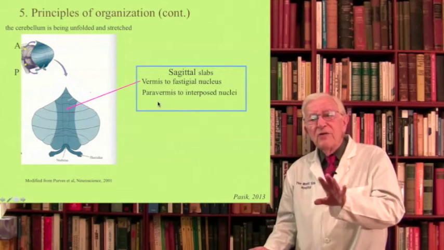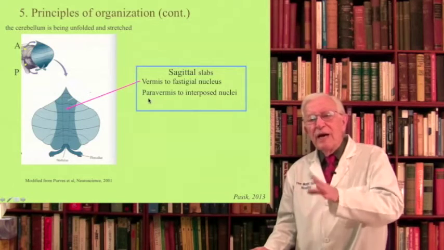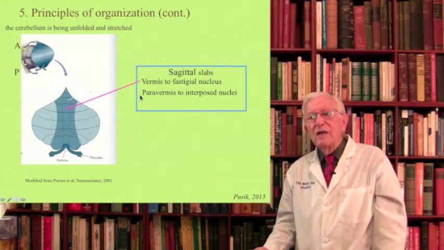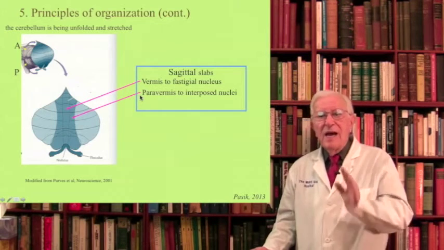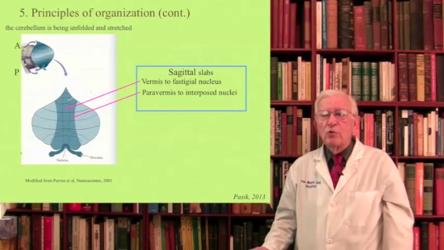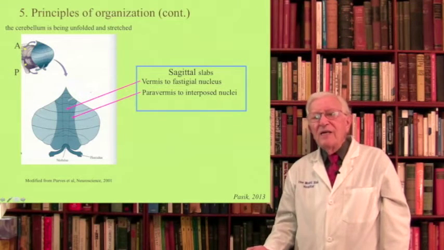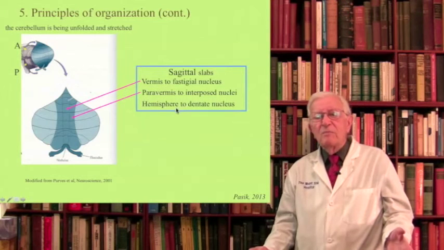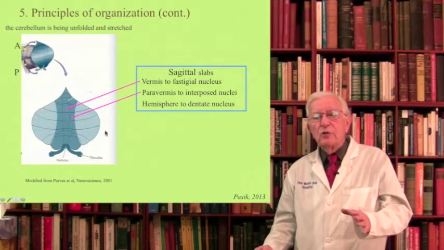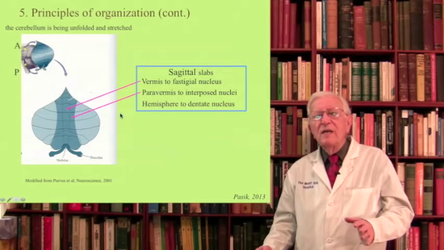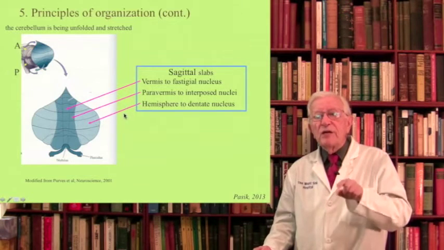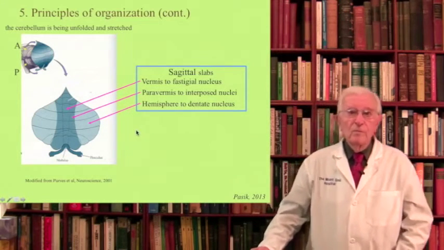And then there is a region next to that, in a parallel fashion, that is called the paravermis, and that will project to the interposed nucleus. And finally, you have this very laterally placed portion that is called the hemisphere, that is going to project to the dentate nucleus.